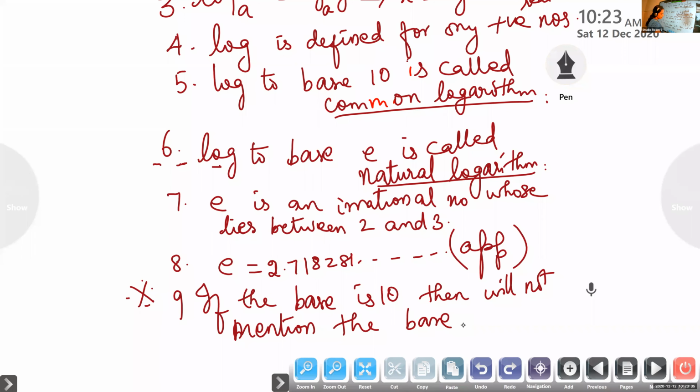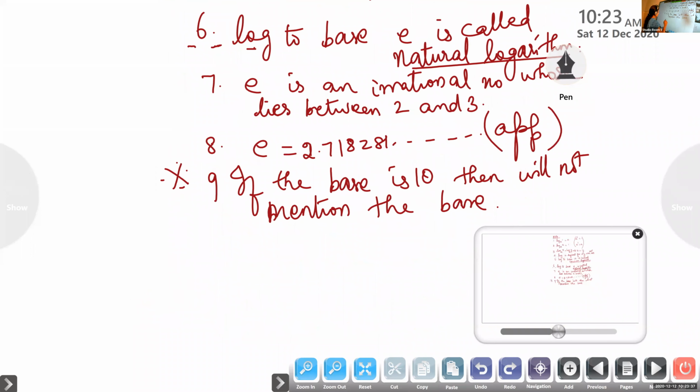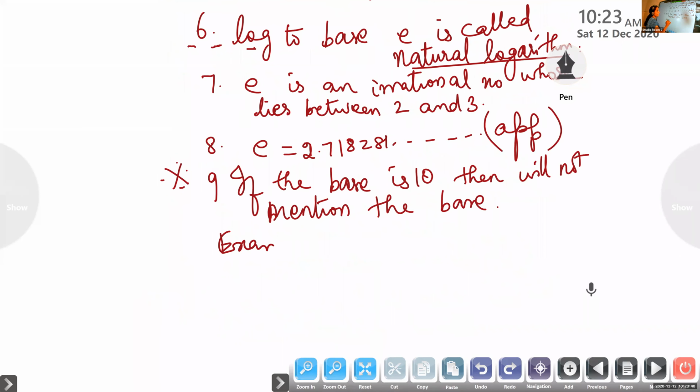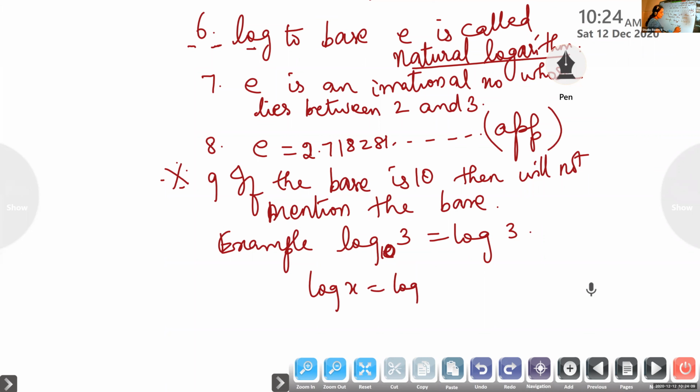For example, log 3 to the base 10, we simply write as log 3. Whenever we write log x, the base is 10.